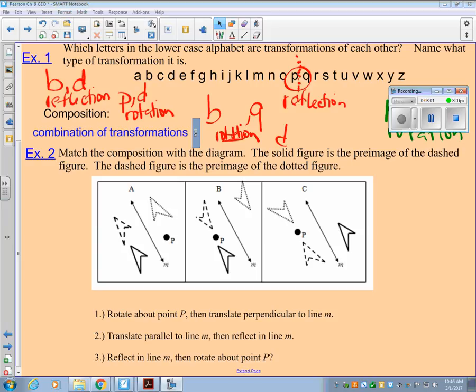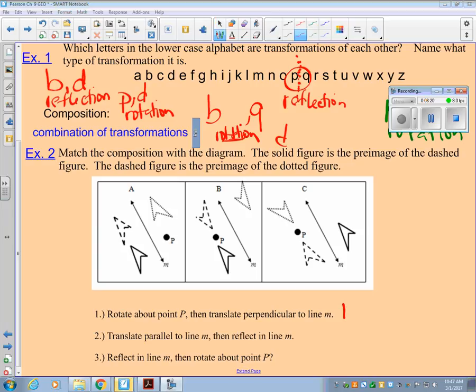B is the only one that rotates first about this point P to get a dashed figure.